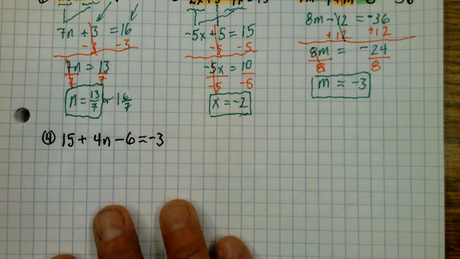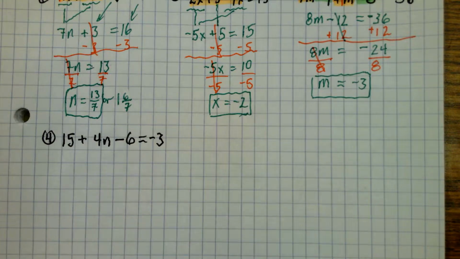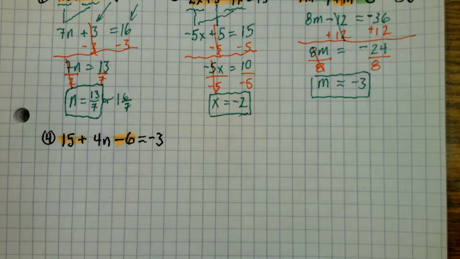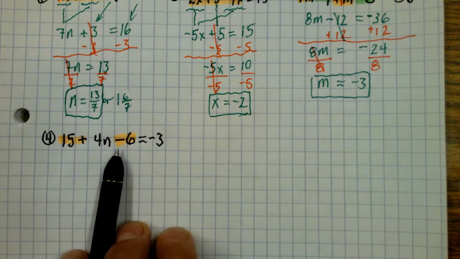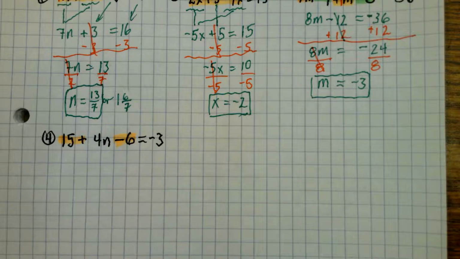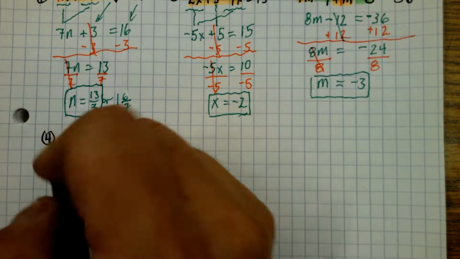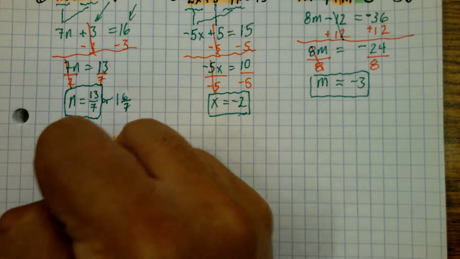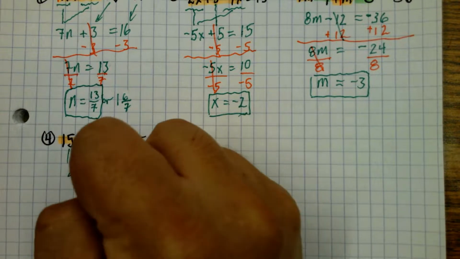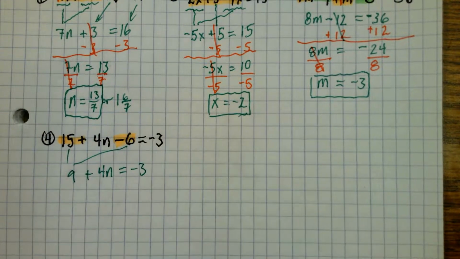Okay, start thinking about that and take it from there. So I think most everyone recognized we got to put together 15, take away 6, or adding plus -6, however you want to think about it. These two go together. So 15 minus 6, 9. Bring down the plus 4n equals -3.